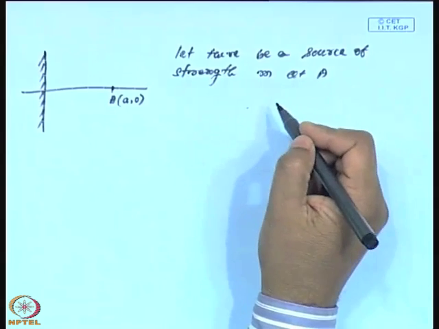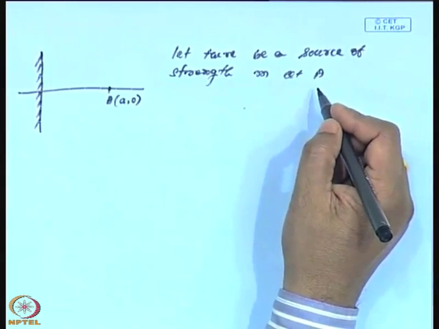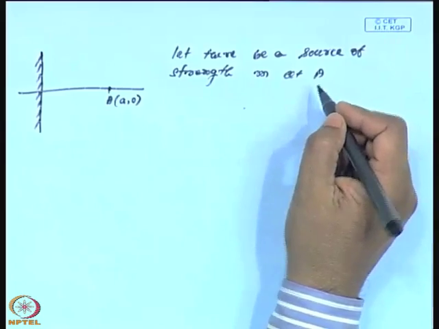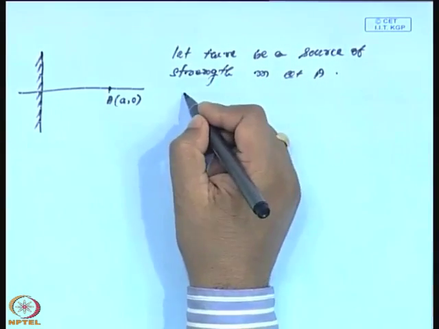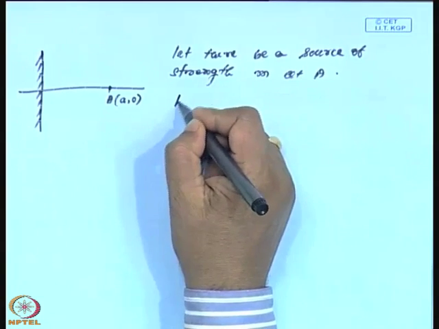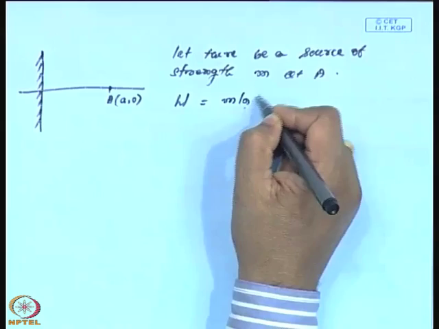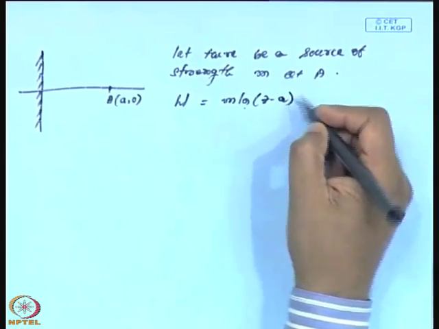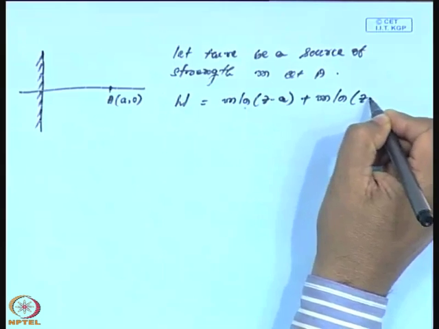If there is a source, what will be the mirror image? The mirror image will be at minus a comma 0, on the other side. Suppose there is a mirror image, so what is the complex potential? The complex potential is m log z minus a plus m log z plus a.